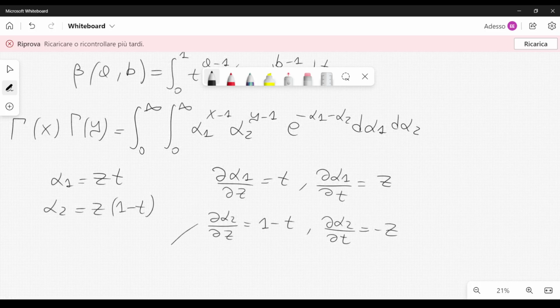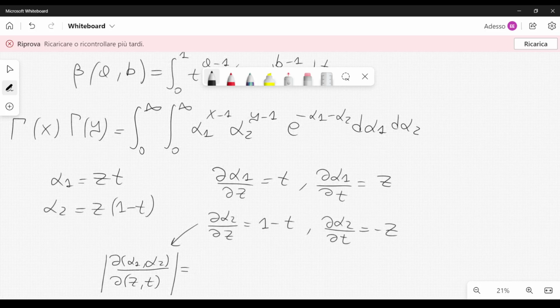And therefore we can rewrite the Jacobian in this form: d alpha 1 d alpha 2 over dz dt.